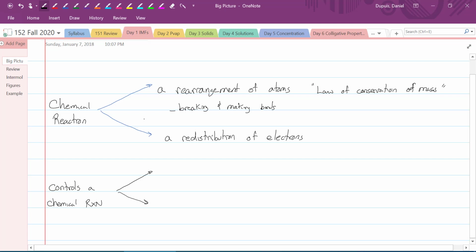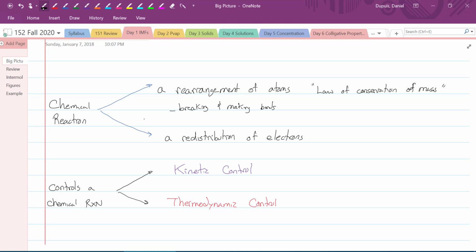What we're going to learn about is the kinetic control, and there is the thermodynamic control. These two controls of a reaction give us information.